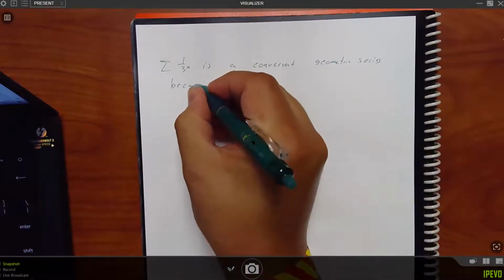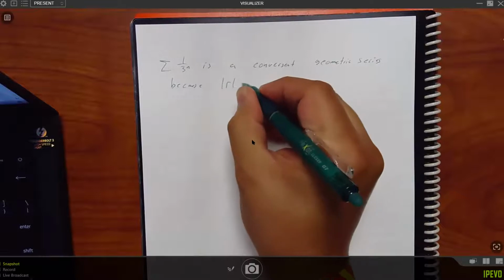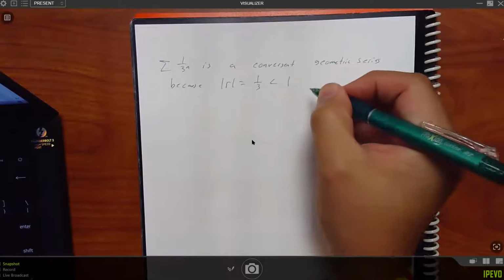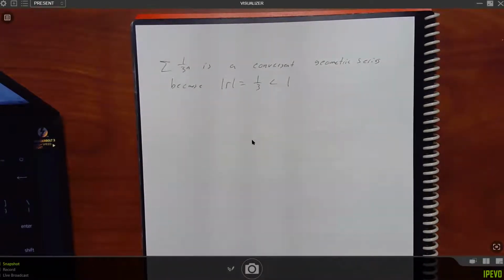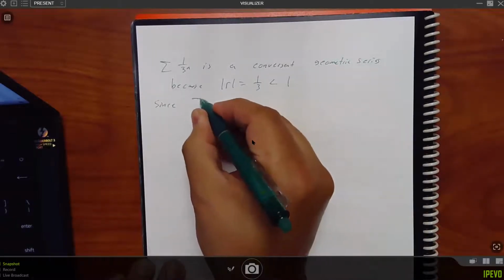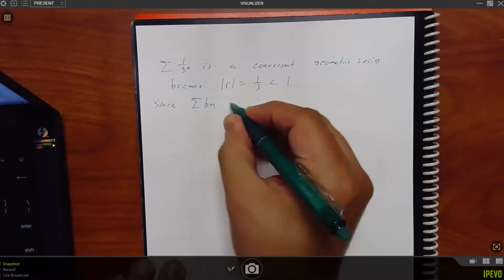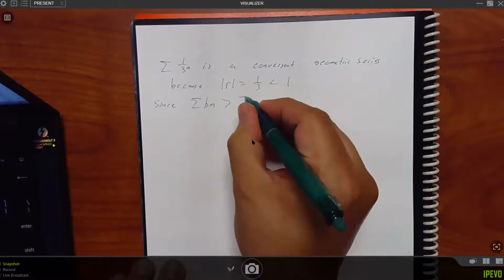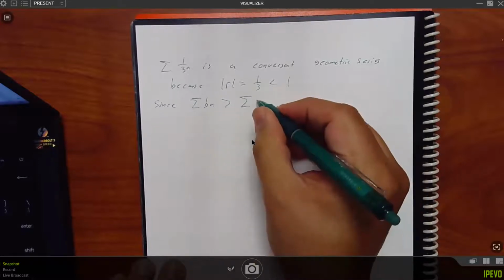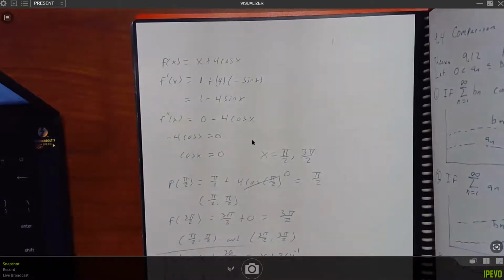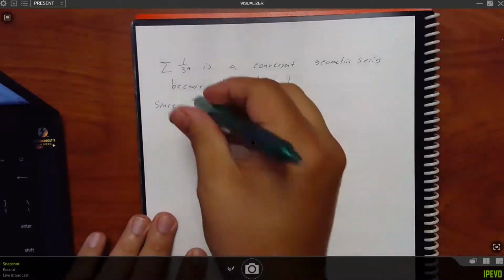because the absolute value of r is equal to 1/3, which is less than 1. That's the requirement for a converging geometric series. So now we can say, since the series B sub n is bigger than the series, let me phrase it.